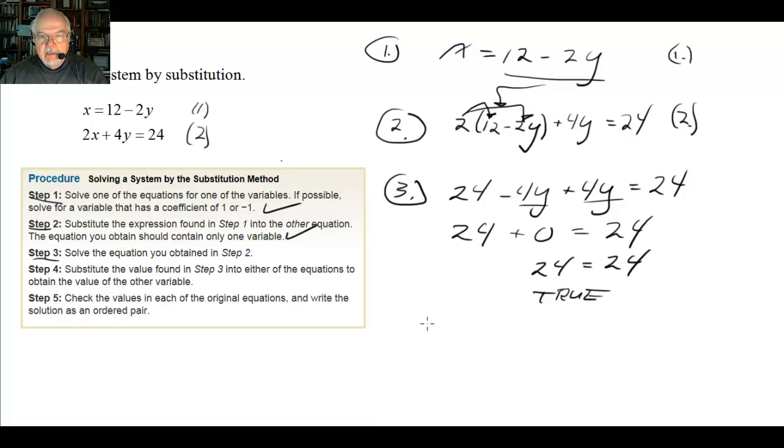All right. This is a case where we have what are called dependent equations. What do we mean by dependent equations? Well, to see this, what we're going to do is take equation number 1 and equation number 2, and make them into slope-intercept form.